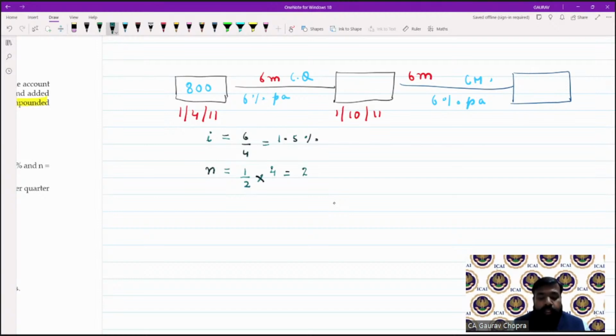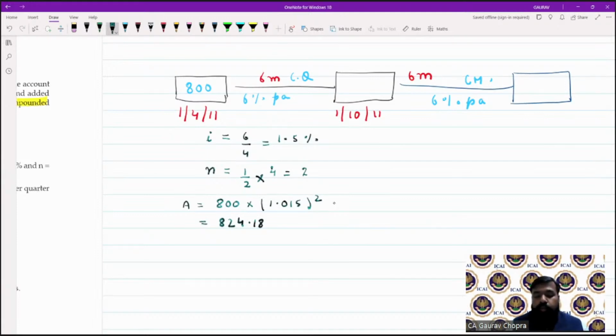Now we can calculate the amount. So amount is equal to principal 800 multiplied by 1.015 to the power of 2. So we are getting 824.18.